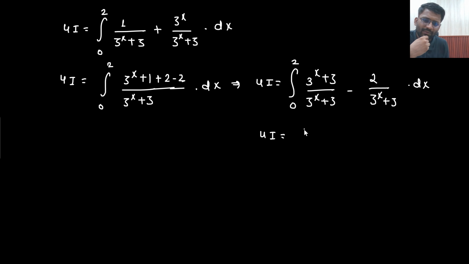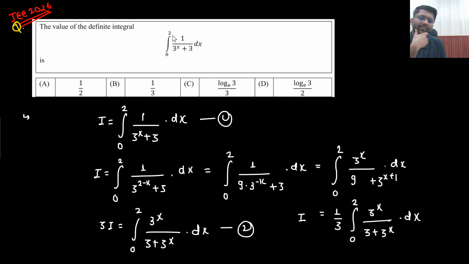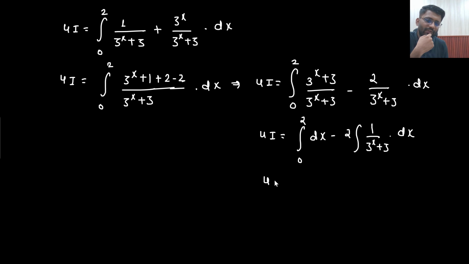So 4I equals integral from 0 to 2 of dx minus 2 upon 1 plus 3 to the power x plus 3 dx. Say yes or no, right? And integral from 0 to 2 of 1 by 3 to the power x dx is nothing but I only. So when you solve it, 4I equals 2 minus 2I. So 6I equals 2, I comes out to be 1 by 3.